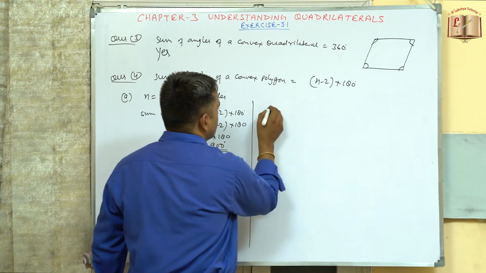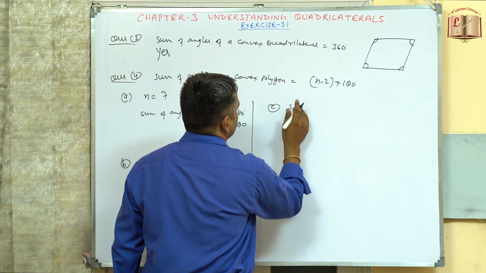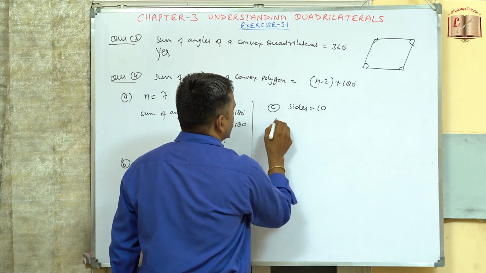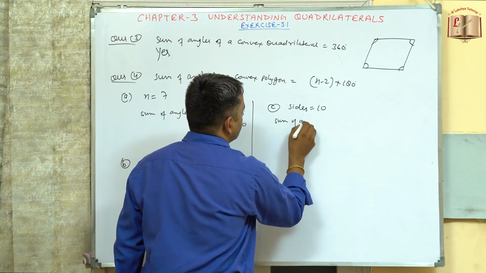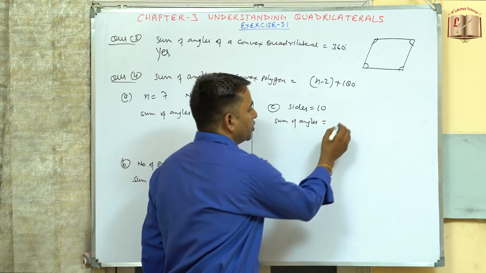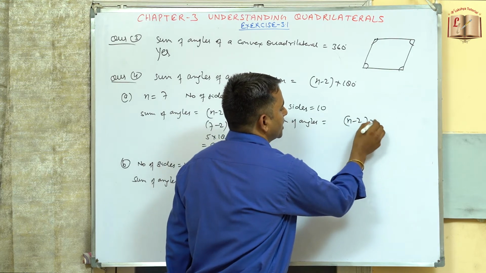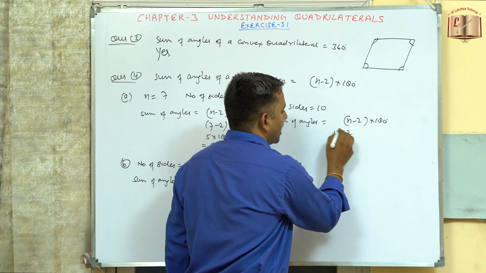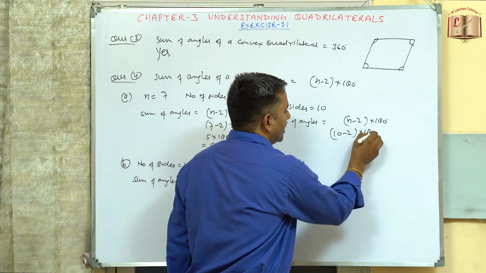Now coming to the C part, sides are given to us, sides are 10. So again sum of angles will be n minus 2 into 180 degree. So n is 10, so 10 minus 2 into 180 degree.